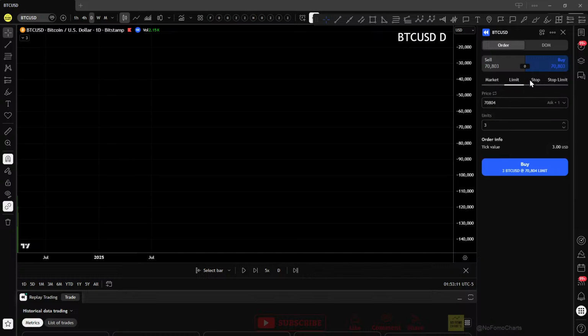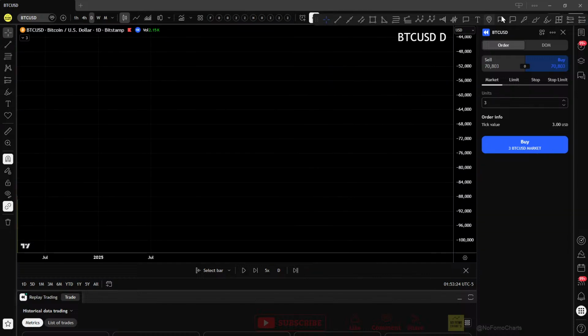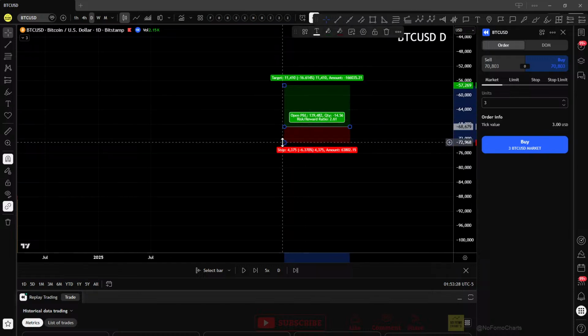So the missing order type from TradingView and from some other crypto exchanges and brokers is the trailing stop loss, which, as the name suggests, follows the position a certain percentage away set by the user.